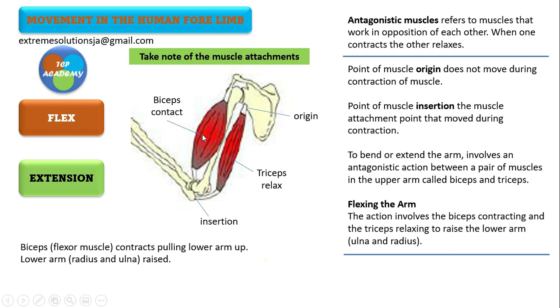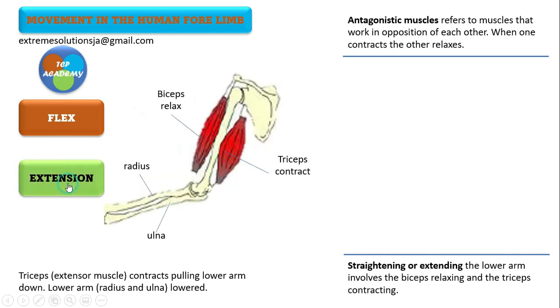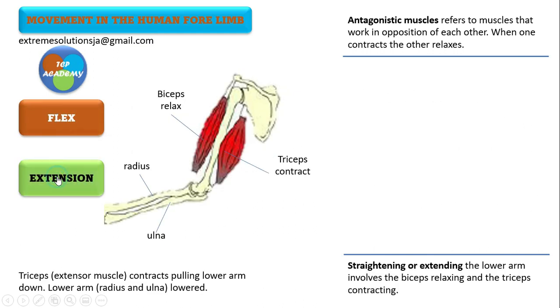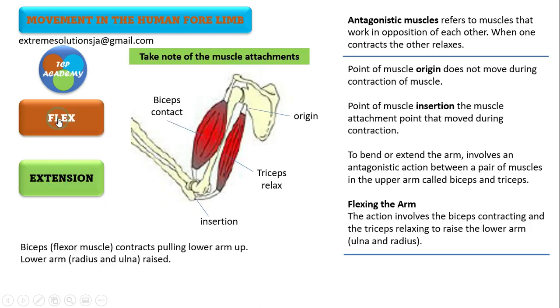Here we observe the bicep contracting and the tricep relaxing to raise the arm, which includes the ulna and the radius. And if you look at the change in the muscle tone or the muscle position, you will realize that the muscles are pretty much reversing their action depending on whether they are extending or flexing, extension or bending.